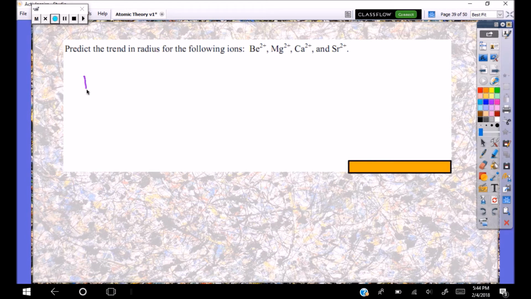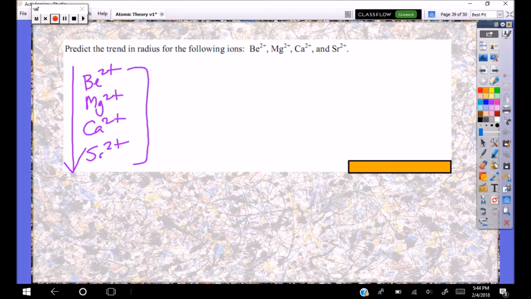We've got beryllium 2+, magnesium 2+, calcium 2+, and strontium 2+. The nice thing is these are all in the same group, so as we're going down, we know generally the size will get larger as we go down, but these are all ions, which means they're all in the noble gas configuration.